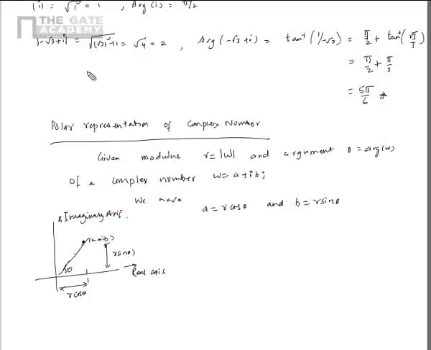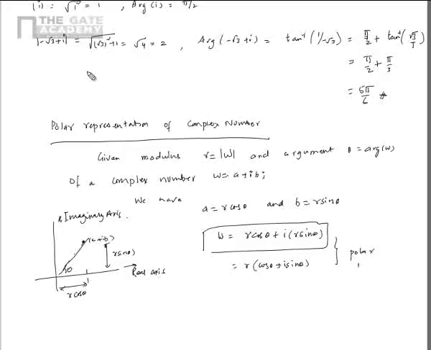Okay, so the polar representation is basically nothing but writing a and b in terms of r and theta. So it becomes r cos theta plus i r sin theta, or you can write it as r times cos theta plus i sin theta. Together this form is called the polar representation of w.